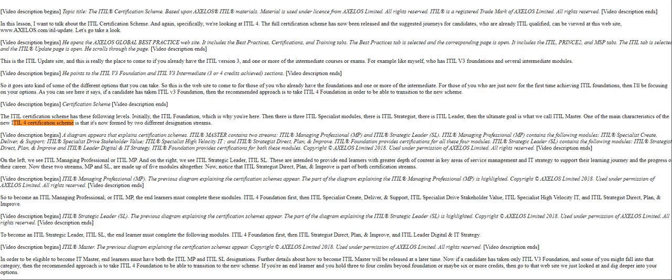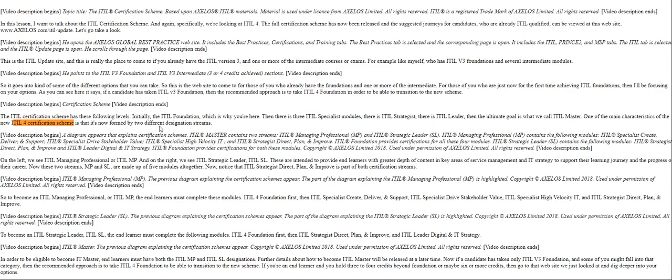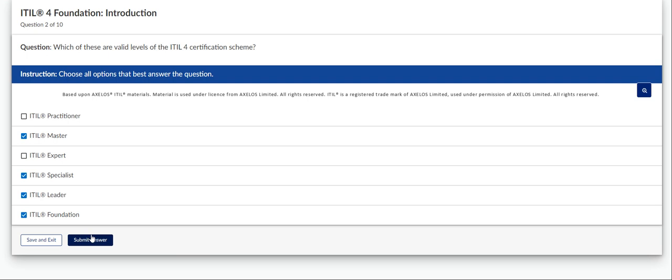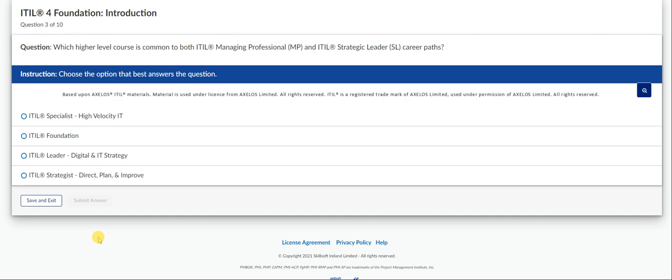Is there ITIL Practitioner? None. And there is also no ITIL Expert. ITIL Master. ITIL Leader. Let's see how it goes. Yep, we got it right this time.